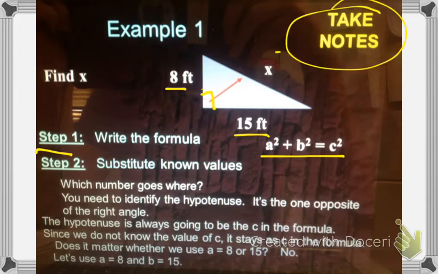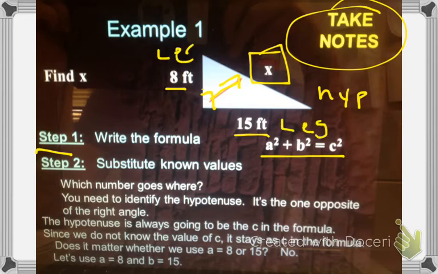And we're trying to find the x. We look and we see that side is across from my 90 degrees, so that makes it my hypotenuse. And here's a leg, and here's a leg. I'm going to name this leg A, and this leg B.